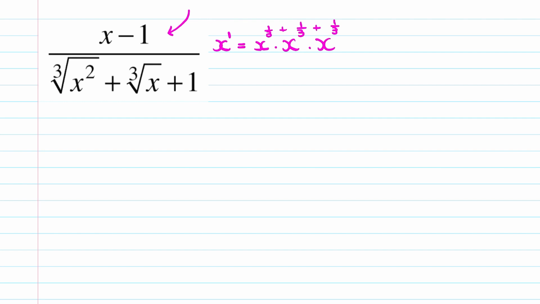Because if you add all these exponents together, you end up with x to the 3 over 3, and that is x to the 1, which is exactly the same as this, right? So my perfect cube here is x to the power of a third, okay?